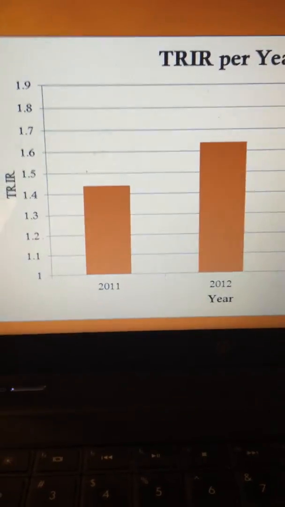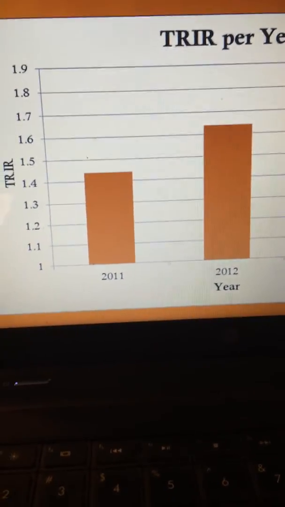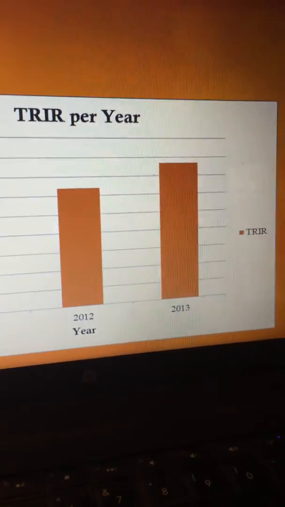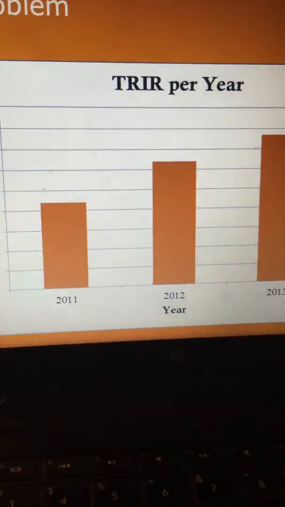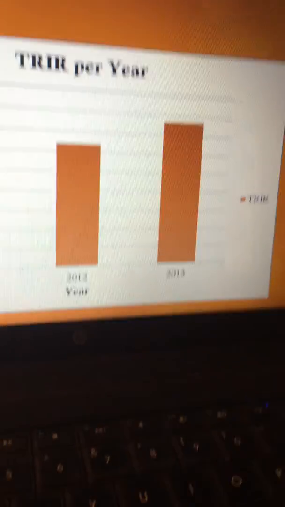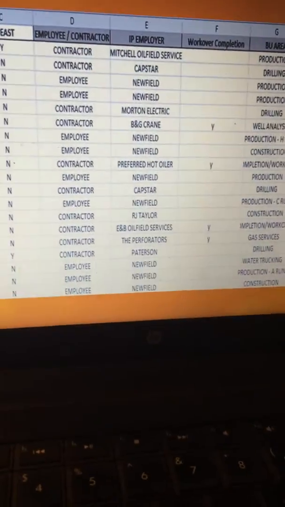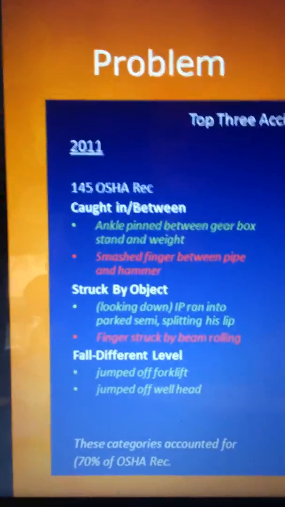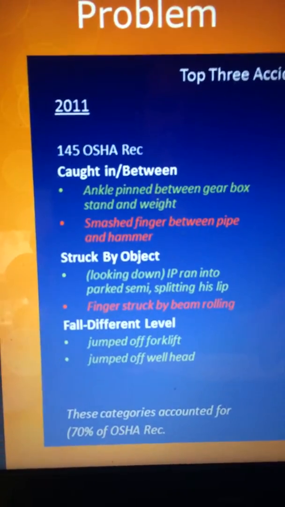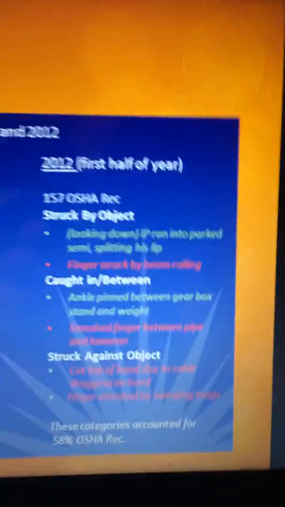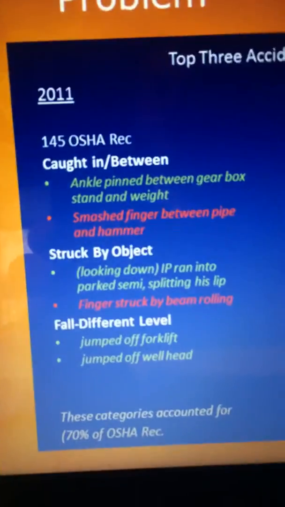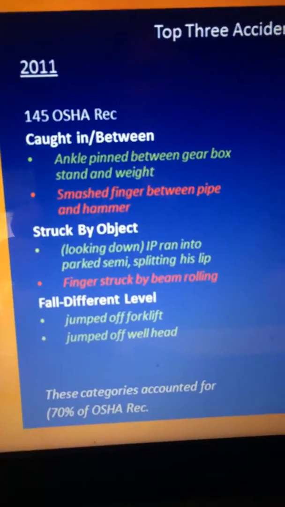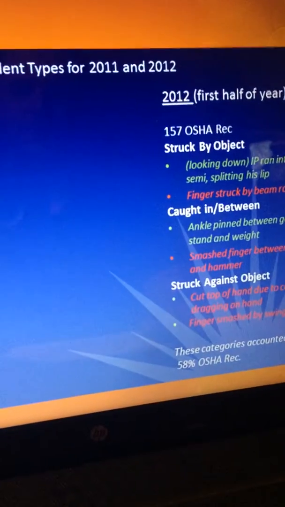So basically, in a 3-year span of 2011 to 13, our injuries had steadily increased, and naturally this caught the attention of the boys in the headquarters. I pulled this from a presentation that was given in Utah over the extensive injuries they were having, and this indicates that a good number of the injuries were finger related for 2011 and 2012.